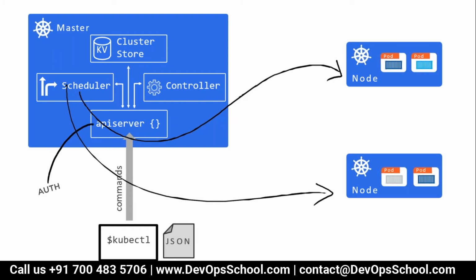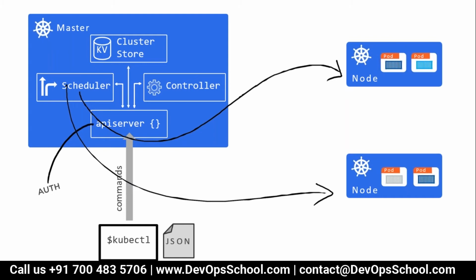We also understood what we have in the node. Node has 3 important components: kubelet, docker, and kube proxy. We also understood that a node has multiple pods.